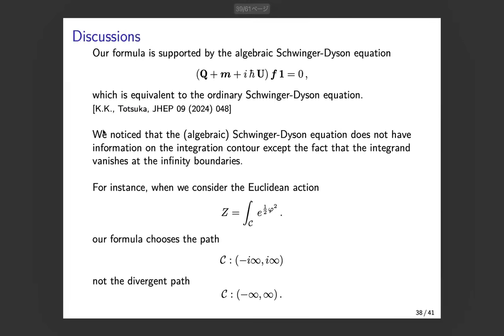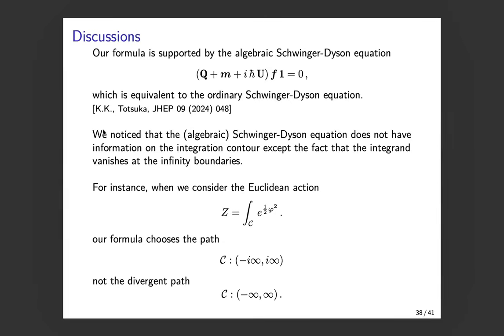One discussion is that our formula is supported by the algebraic Schwinger-Dyson equations, which are equivalent to the ordinary Schwinger-Dyson equations.